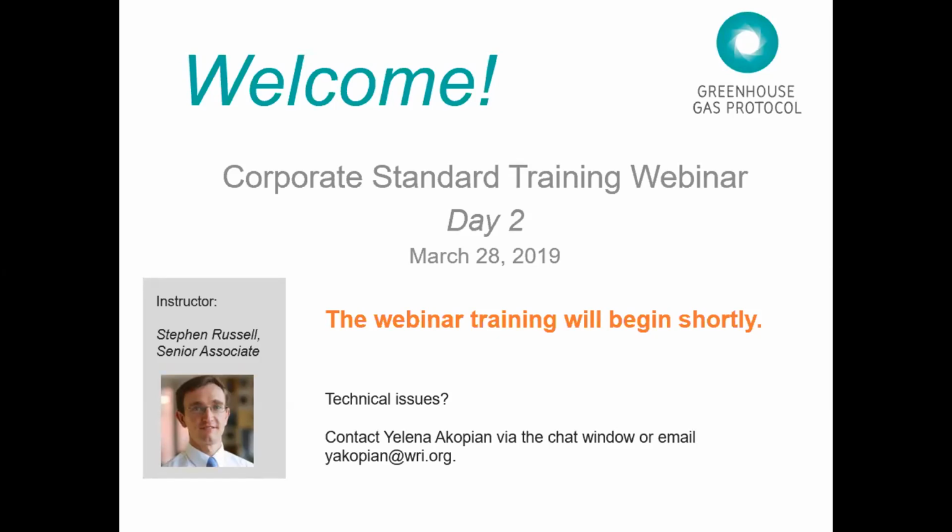Before we continue with the remainder of lesson 4 on operational boundaries, I wanted to pick up on some questions that we didn't have time to address and look at from day 1. So I've included them on this Word document, and let me go through them.